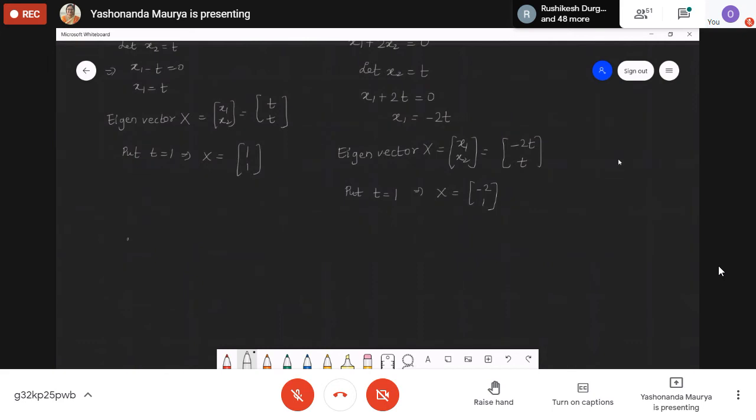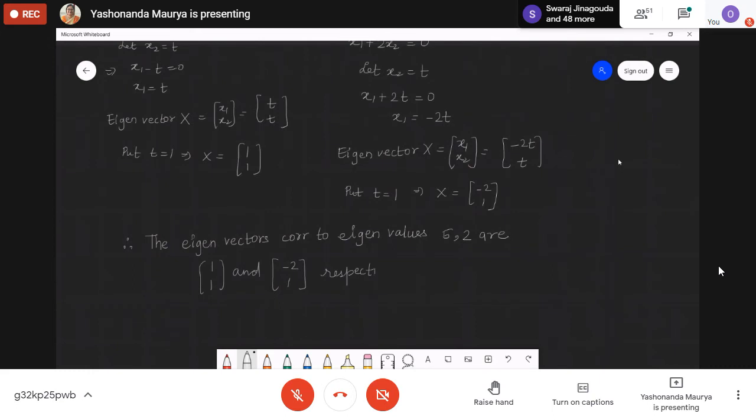Finally, we should always mention what our eigenvectors are. This is the answer. The eigenvectors corresponding to eigenvalues 5 and 2 are 1, 1 and minus 2, 1 respectively.